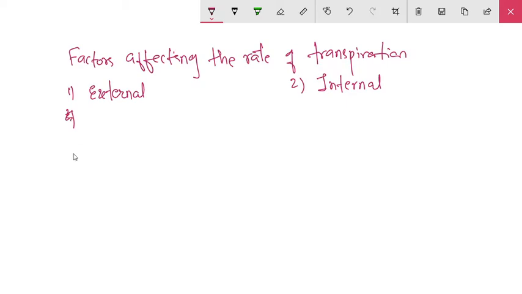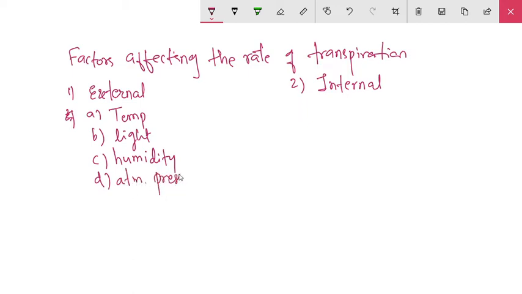In the external factors there are a number of factors: temperature, light, humidity, atmospheric pressure, water content of the soil, and wind or air currents.